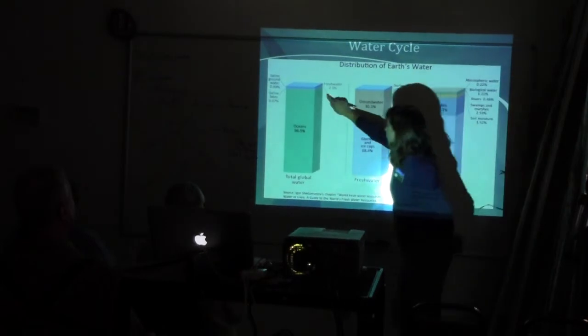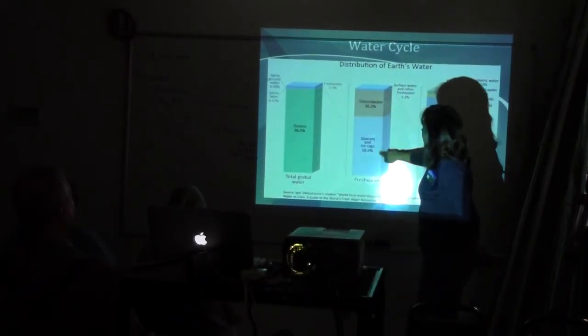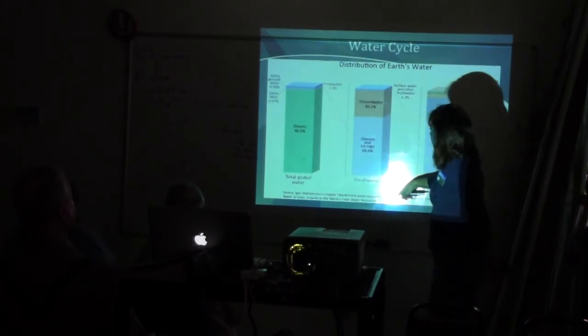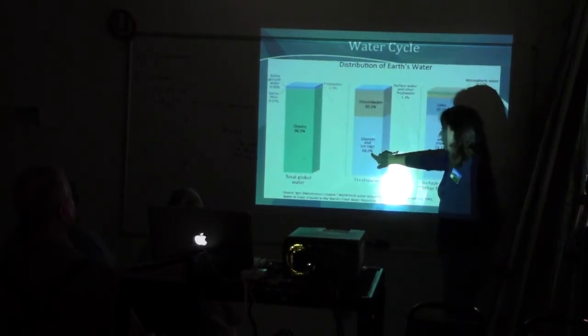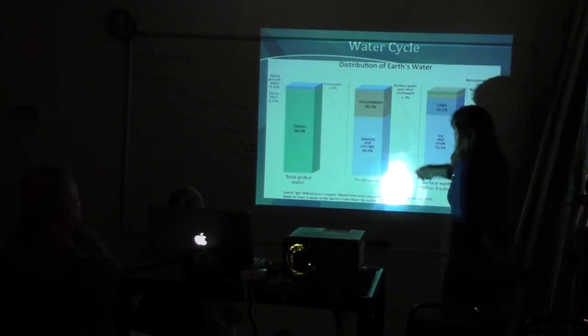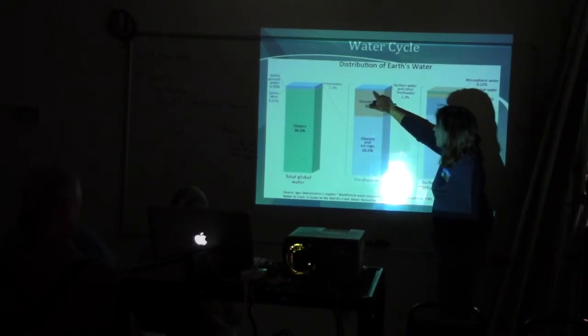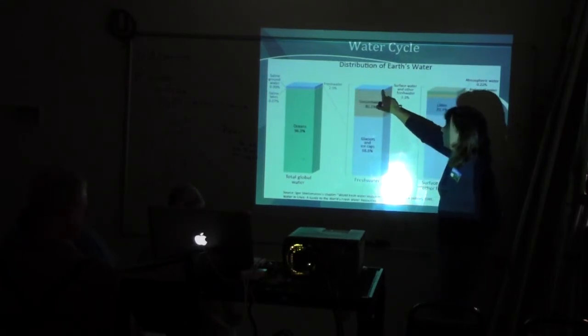Now, taking that little line, the fresh water, and breaking it down, most of the fresh water is in glaciers and ice caps. 30% of our fresh water is in groundwater. That little tippy top there is what's available, 1.3%.